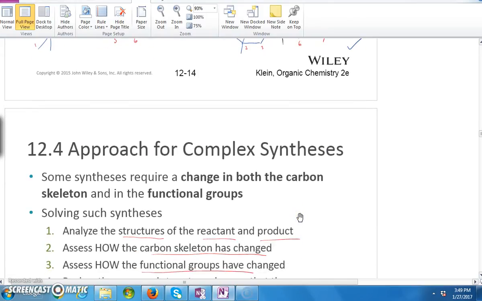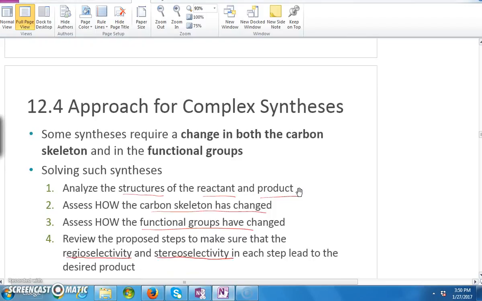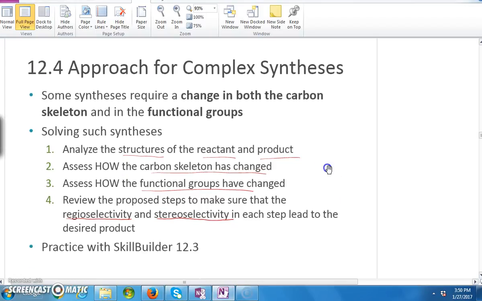Now, some syntheses require a change in both the carbon skeleton and the functional group. So you analyze the structures, like I said, look at the reactants and the products, assess how the functional groups have changed, and then review the proposed steps to make sure that the regioselectivity and stereoselectivity in each step lead to the desired product.